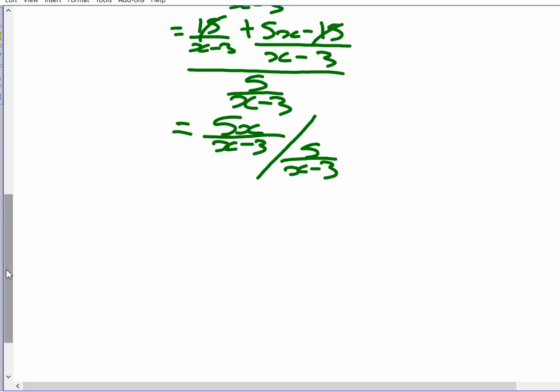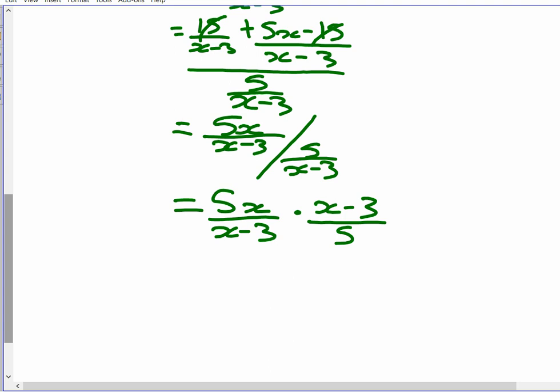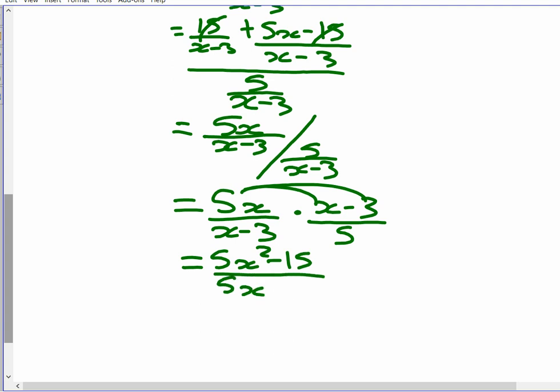Okay, so then you just flip it and multiply it. So 5x over x subtract 3 multiplied by x subtract 3 over 5. And then this becomes 5x squared, which you get by multiplying this and that, so 5x squared subtract 15 over 5x subtract 15.